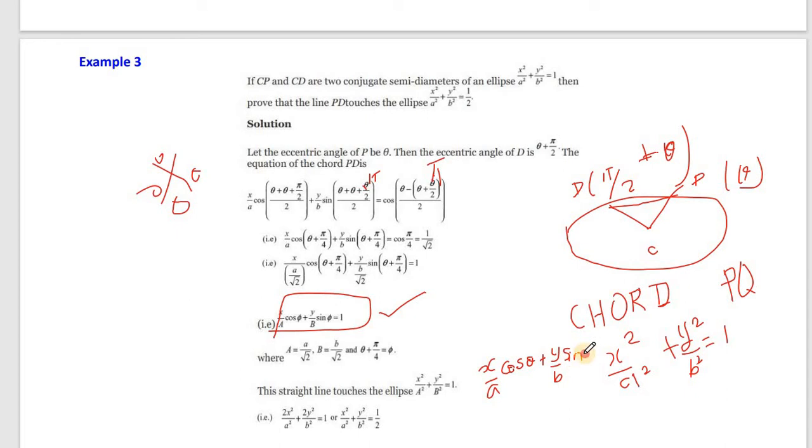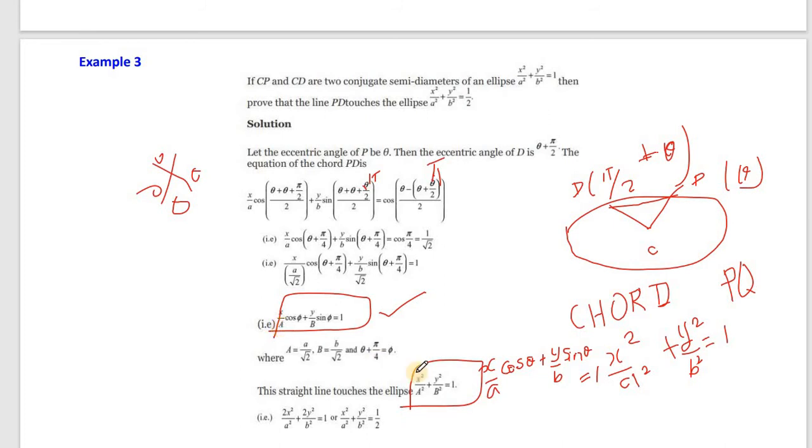So if you compare this equation with this, we have taken phi to be theta plus pi by 4. So this is in this form. If any equation is of this form with regard to this ellipse, whatever I have here comes here, so this one will be a tangent. So naturally, it will be a tangent to the ellipse.